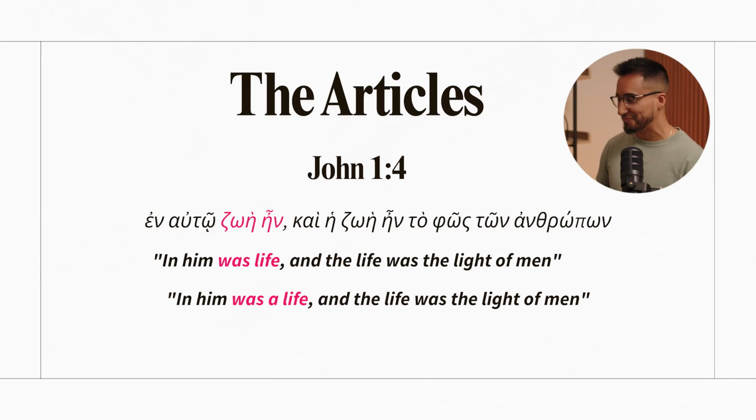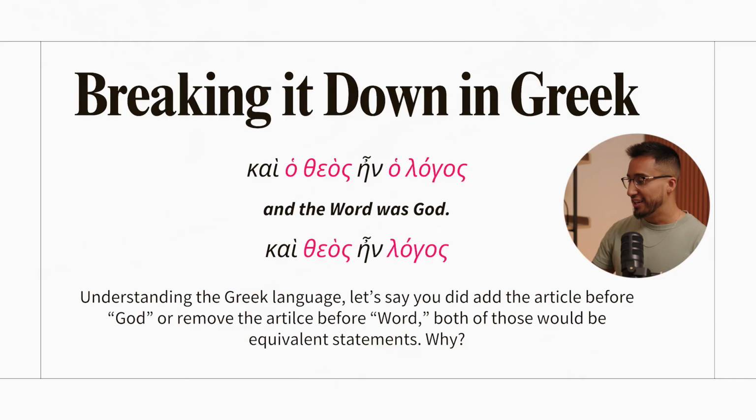It doesn't make sense. But something that I thought was really cool, which the guy that I learned from in the video in the description below, is the way that he broke down, if you were to add an article in clause C of John 1:1, if you were to put the article right here, and even if you were going to take out the article from the word, let's say you put the article before God or removed the article before Word, both of those would be equivalent statements.